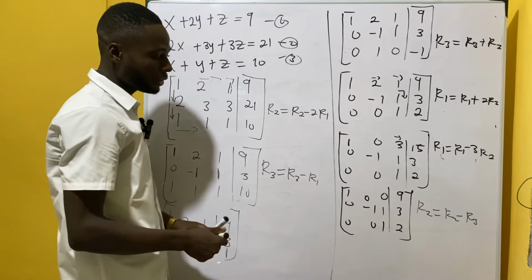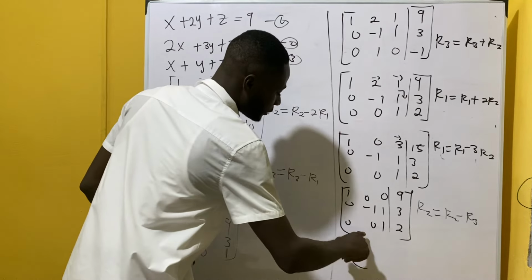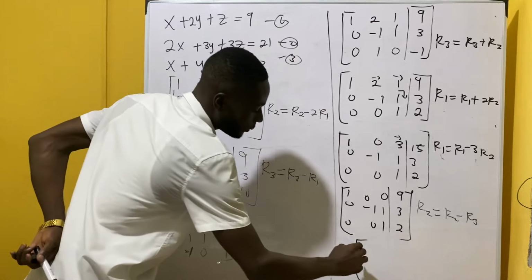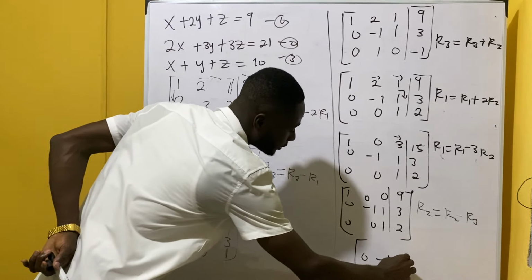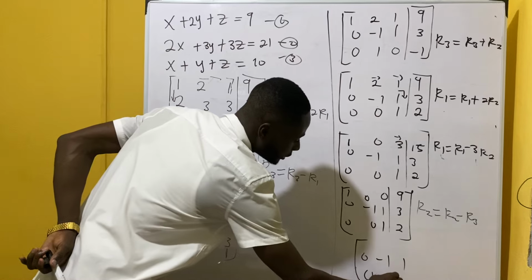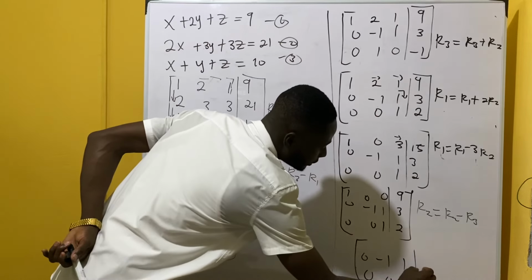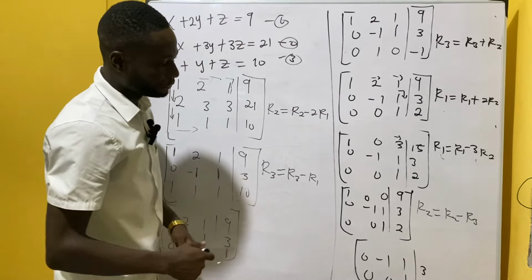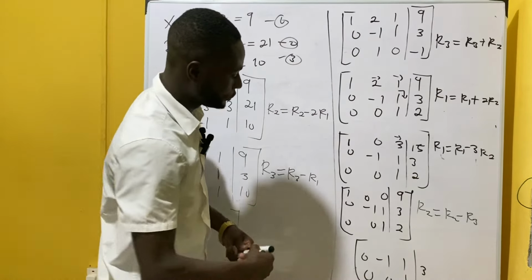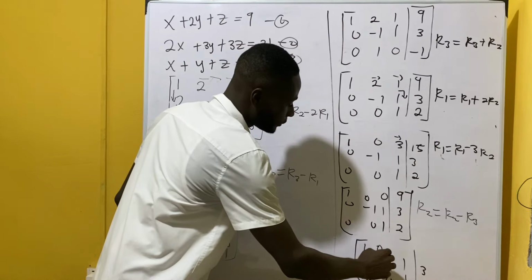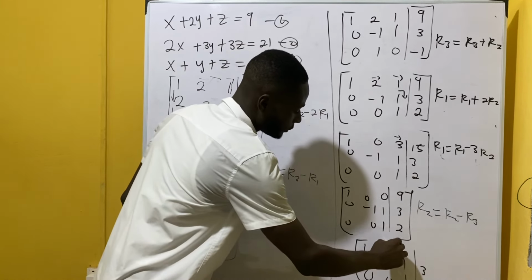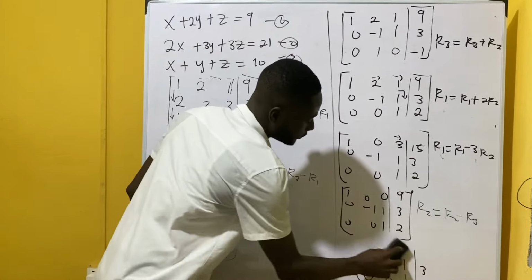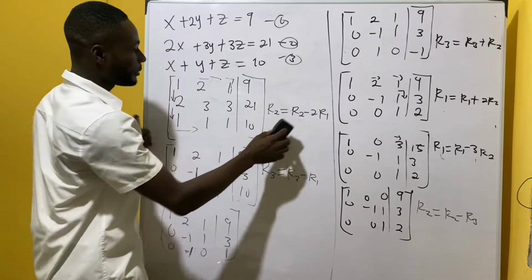So we are going to have 0, neg 1, 1, 0, 0, 1, 3, 2, and then we have 1, 0, 0. So let's come up here.